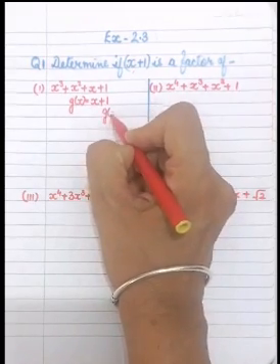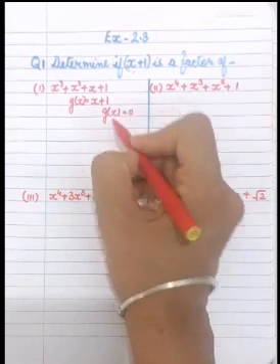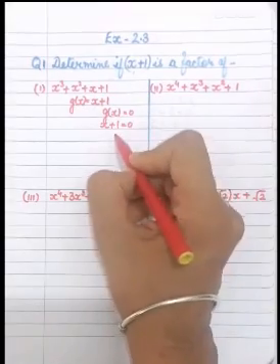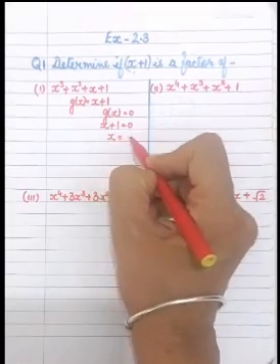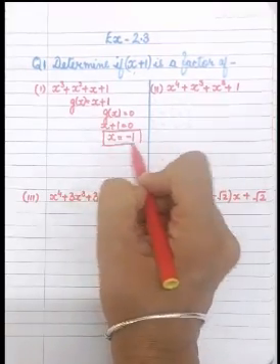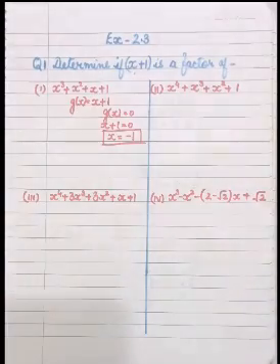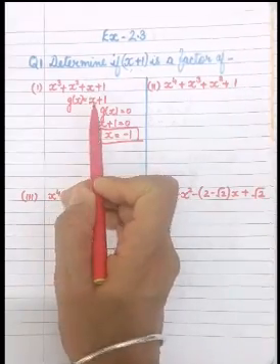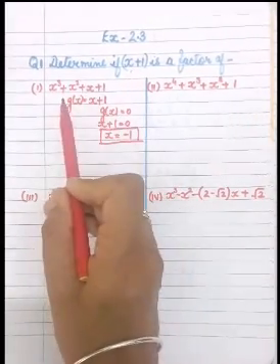It means g(x) is equal to 0, so x plus 1 is equal to 0. Taking 1 to the other side, I get the value of x, which is minus 1. So in all these polynomials, I am going to put this value minus 1 and we'll see whether this is a factor of the polynomial.